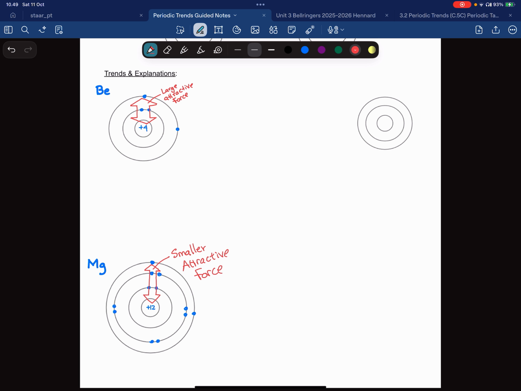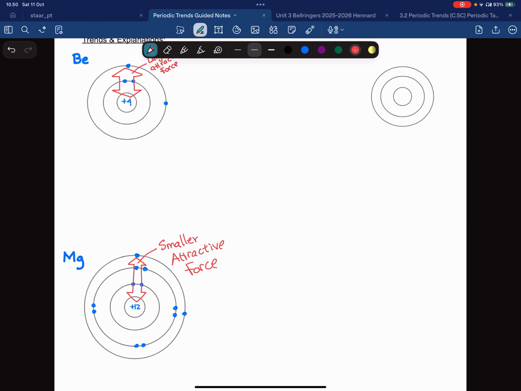Because that attractive force is smaller, it means that as you go down the group, the ionization energy decreases. So, down the group, the ionization energy decreases.